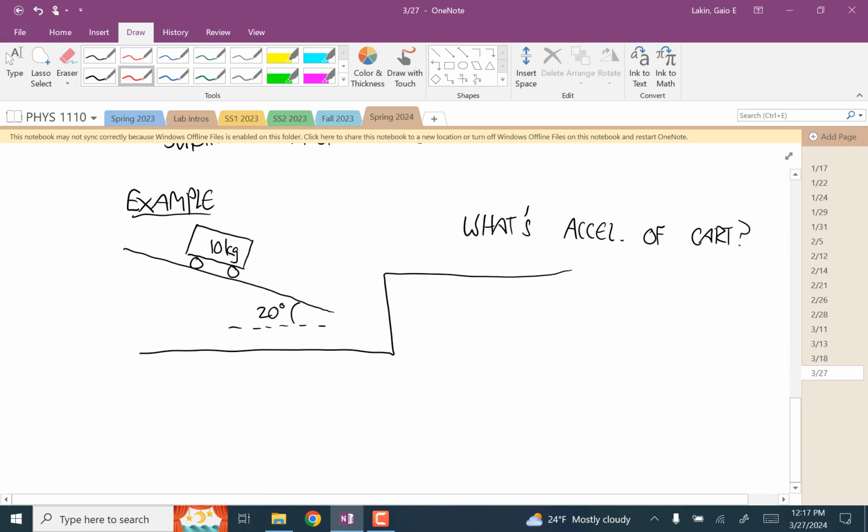Well, our coordinate system is going to be this. And we know we're going to have to deal with that weight force, so I might as well start with that. So I'm going to draw the coordinate system over here at its angle. And then I'm going to draw the weight force, which is the mass times 9.81. So this is 98.1 newtons.